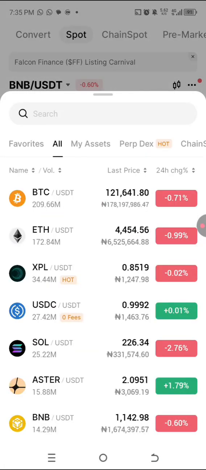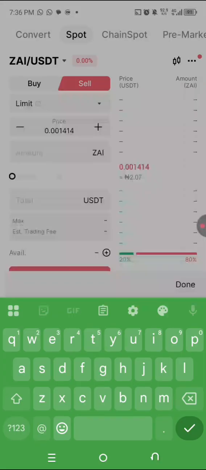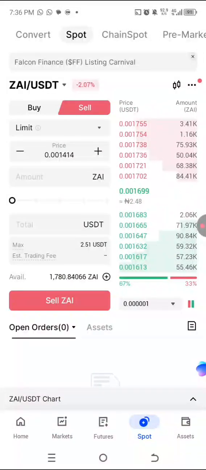The only asset I have here is ZAI, Z-A-I. As it is presently, I have 1,780 ZAI. A ZAI is at 0.0016 dollars, not up to 1 cent.